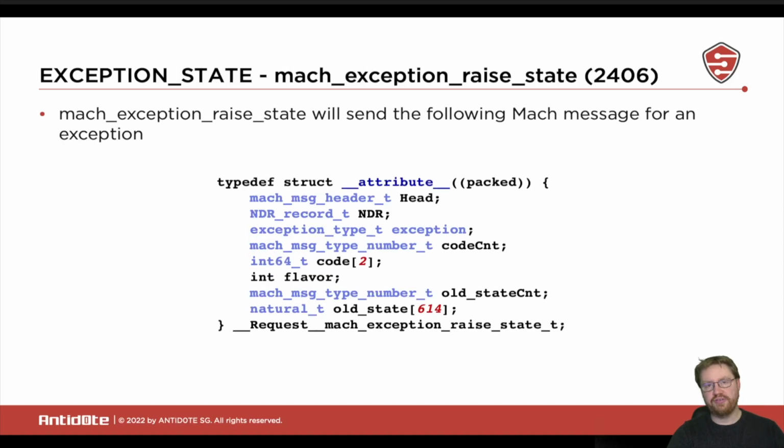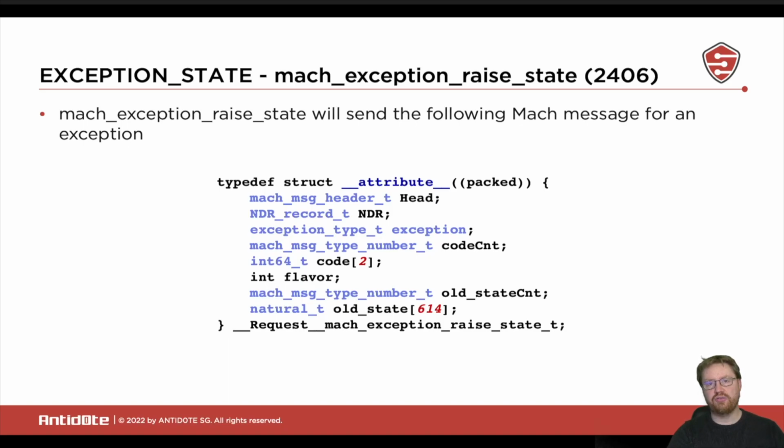So more interesting is when you have an exception state, because then the CPU state is a part of the message. But you can see here we have no longer a complex message. We don't have the task and thread ports. So in the state, we only have the actual CPU state. And the CPU state is basically encoded as what flavor it is, and then the actual data of the state.